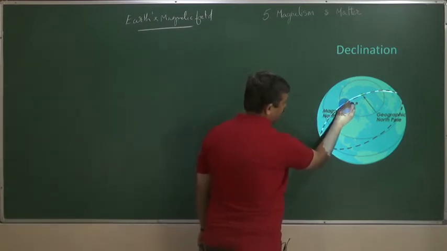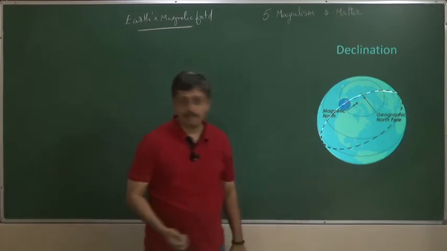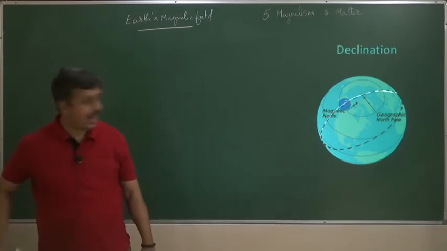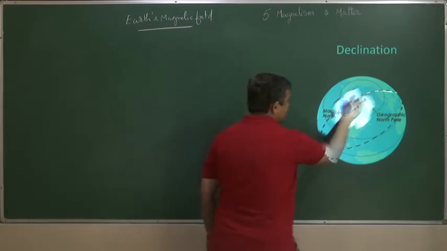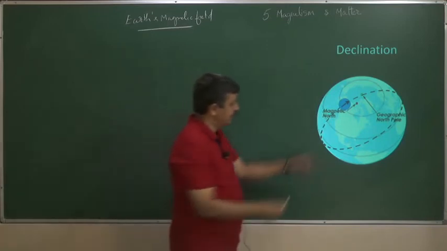See this? It should show in this direction, the compass needle. But actually what happens is it would show like this, this direction. Can you see this?